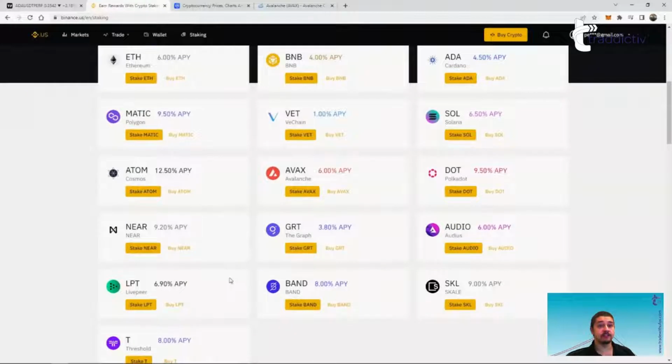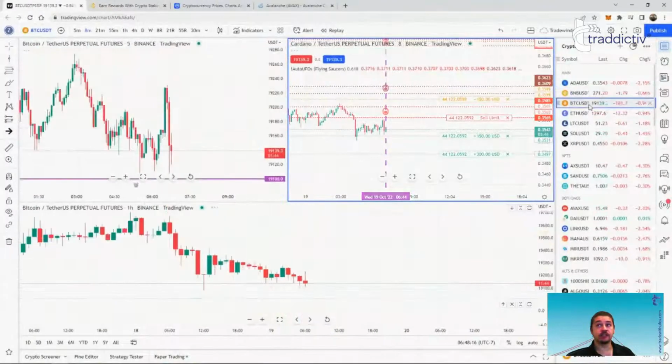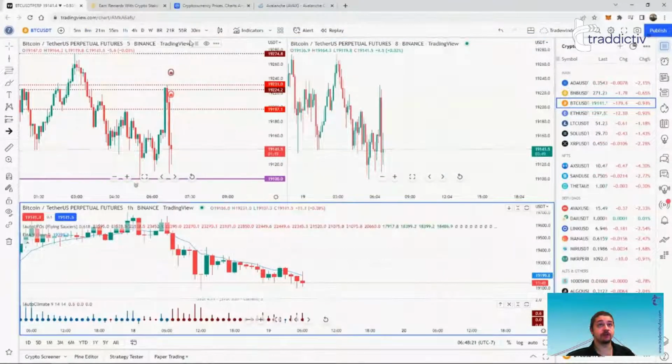I don't think it's a bad thing by any means, especially given that a lot of these projects on here are fairly reputable projects, and given where the overall crypto market is. I mean, when in doubt, zoom out, right?